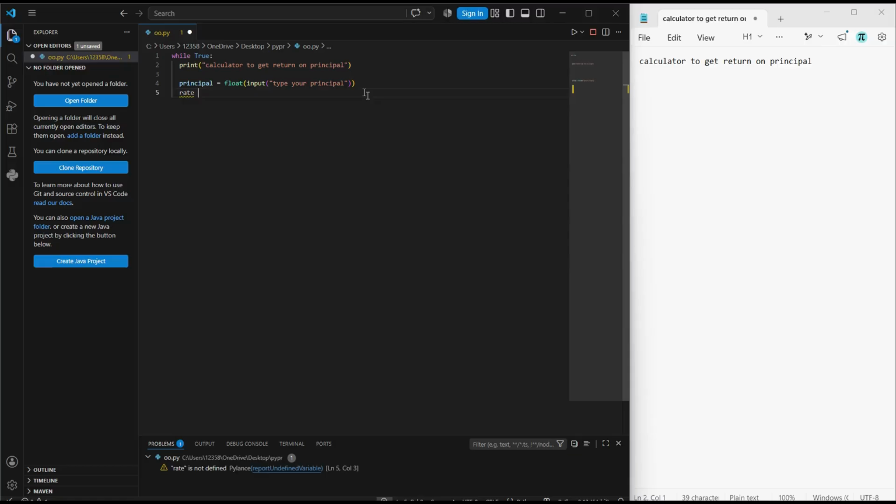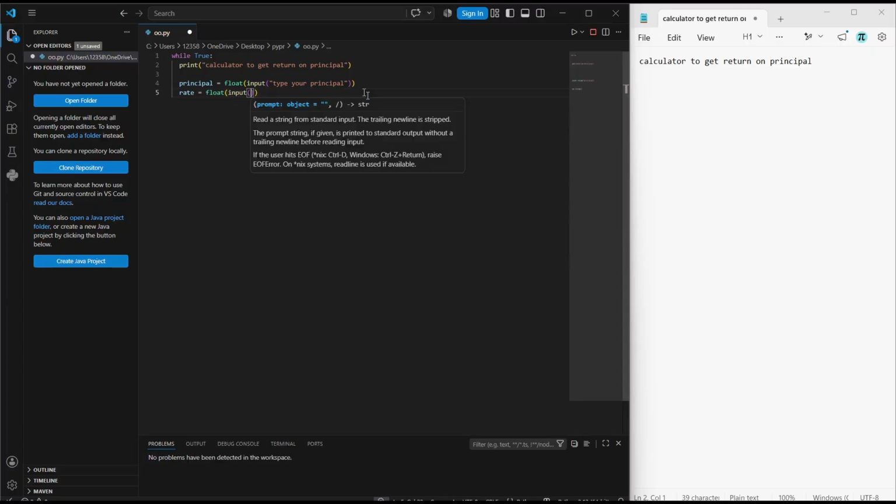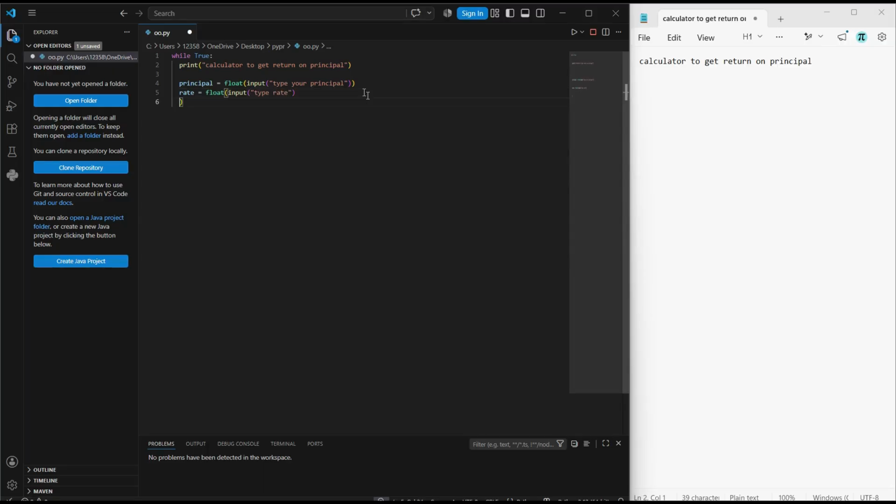And then the second variable, rate. This is the second variable that contains the rate, how much rate the user wants on their principal. Float, this also works as a float. Input, type rate. Okay, and then years.